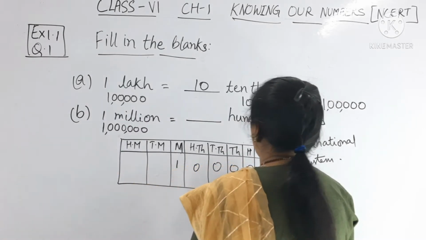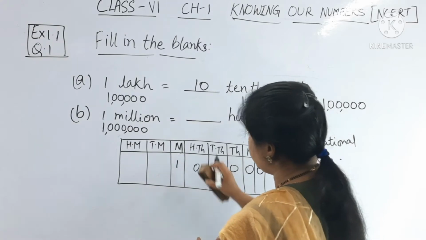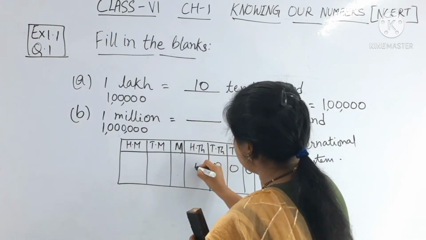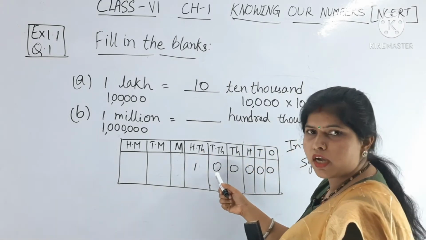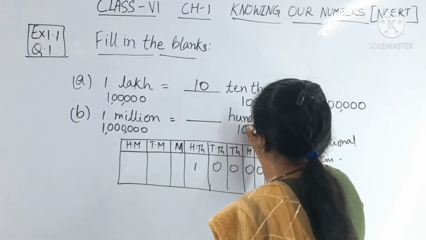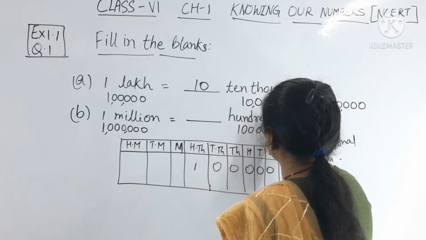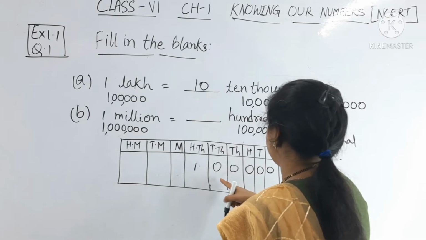Now we have to write 100,000. Where is 100,000? Here is 100,000. So I am putting 1 in the place value of 100,000 and the others will be 0. How many zeros? 1, 2, 3, 4, 5. So 1 and 5 zeros. Put commas after 3.